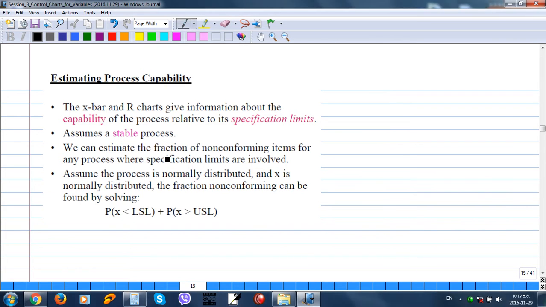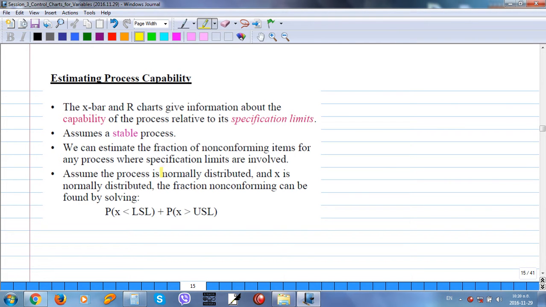We can estimate the fraction of non-conforming items when process specification limits are involved. Assume the process is normally distributed, so we have to use the normal table when we are doing the calculation, because we are assuming this process is normally distributed.